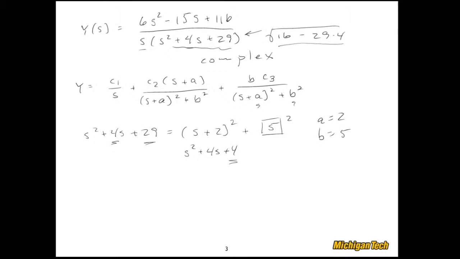Great. Again, I can pretty much write down the solution. y of t is going to be c1, I'll put some brackets out here, plus c2 e to the negative 2t cosine 5t plus c3 e to the negative 2t sine 5t, multiplied by this unit step.